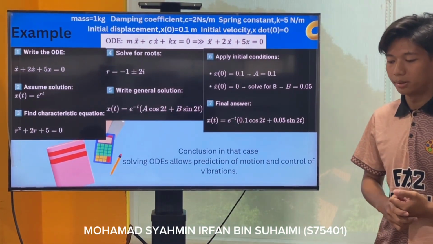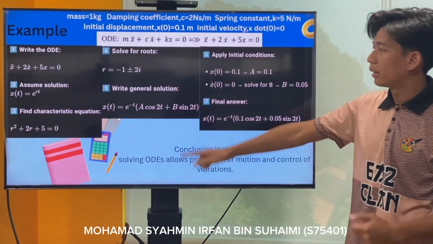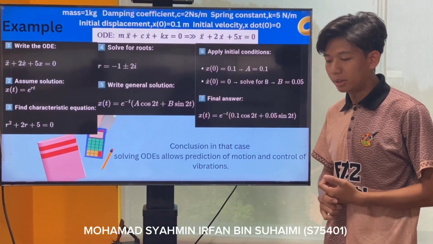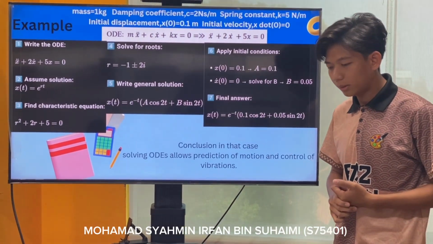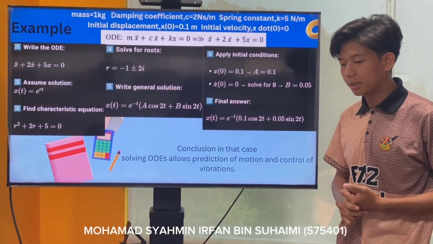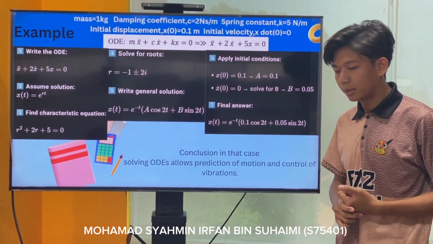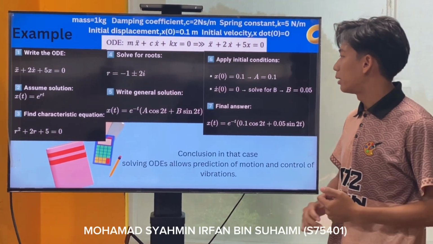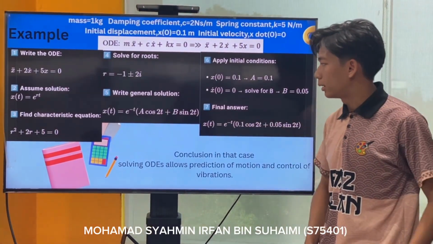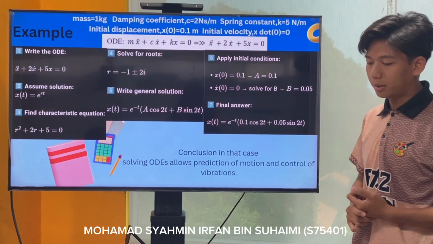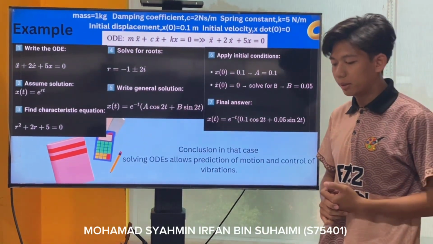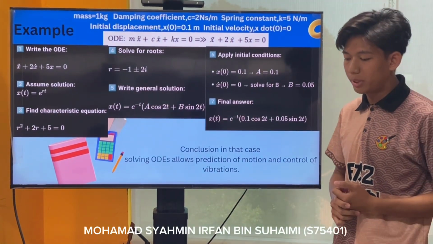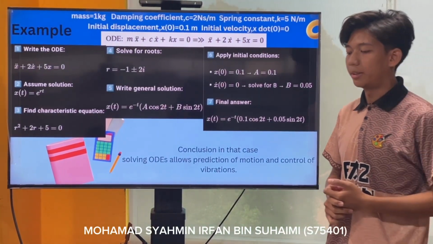characteristic equation, and we solve that. We can get r equals negative 1 plus or minus 2i, and then we write the general solution x(t) equals e^(−t) bracket A cos 2t plus B sin 2t bracket.